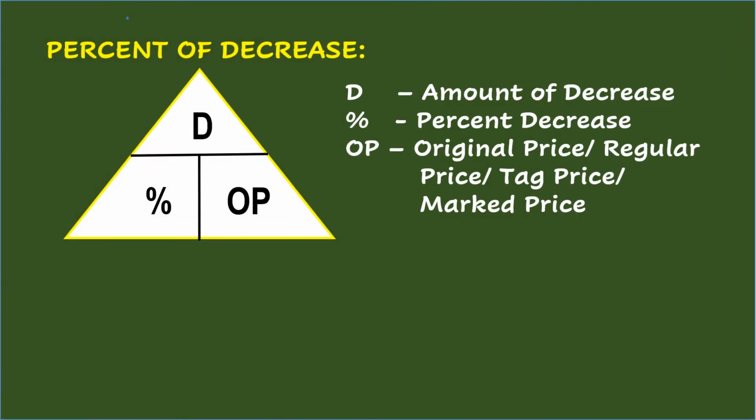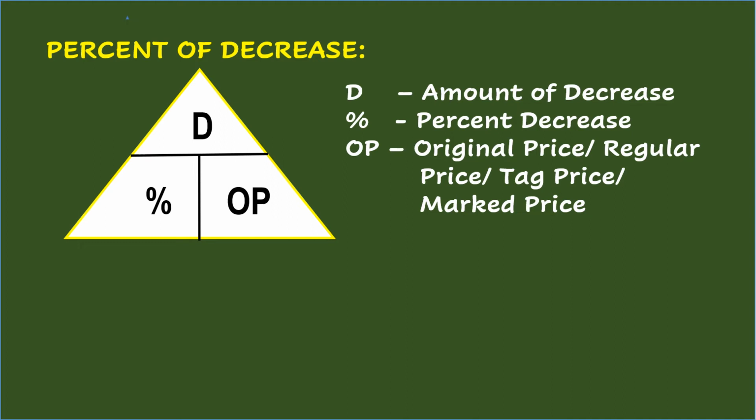For percent of decrease, using the triangle, D stands for the amount of decrease. Percent sign is the percent decrease, and OP is the original price, regular price, tag price, mark price.